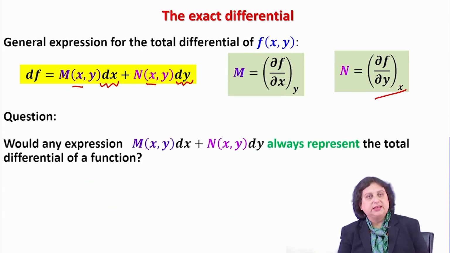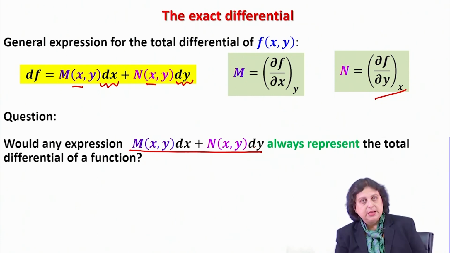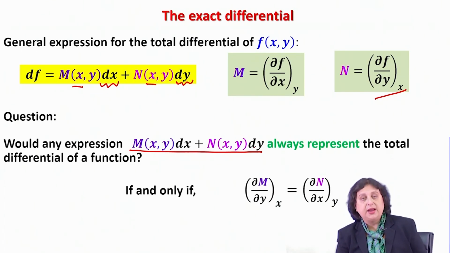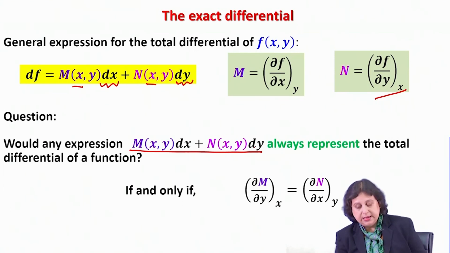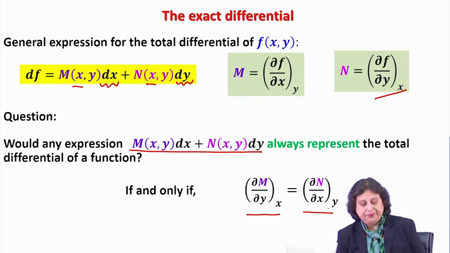Then the question that we are asking is, would any expression that can be written in this form always represent the total differential of a function? The answer is, from differential calculus, we have learnt that this happens if and only if the partial derivative of M with respect to y, keeping x constant, becomes equal to the partial derivative of N with respect to x, keeping y constant.